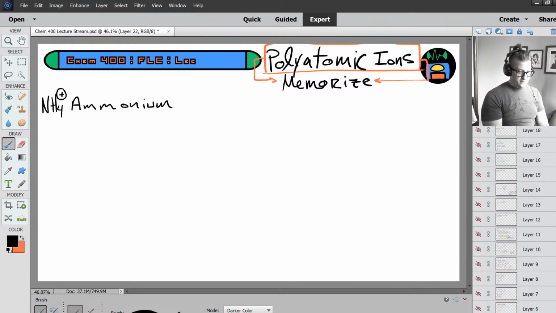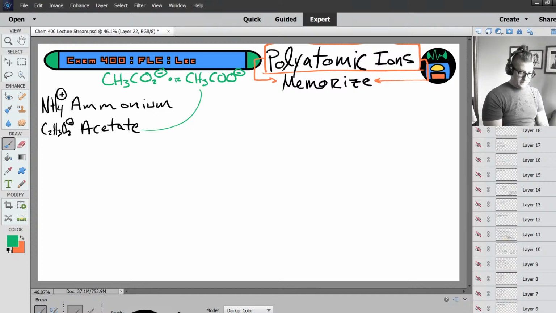Next we have C2H3O2. This is acetate. Something to keep in mind, sometimes acetate is written like this, CH3CO2 negative, or CH3COO negative.